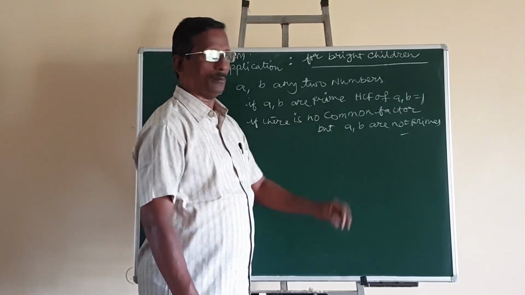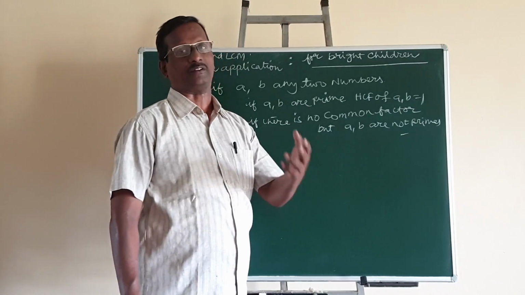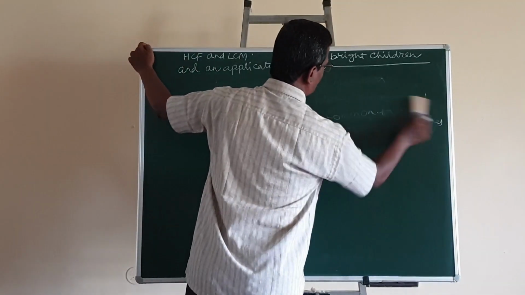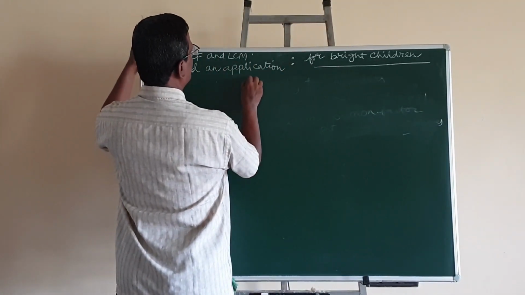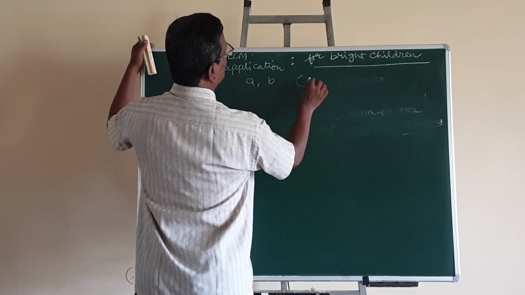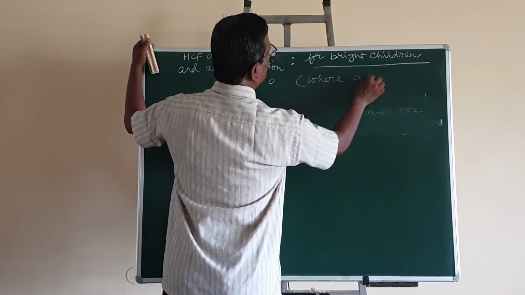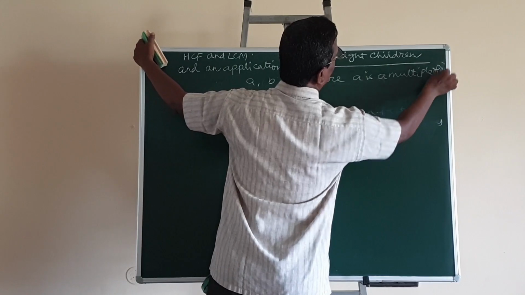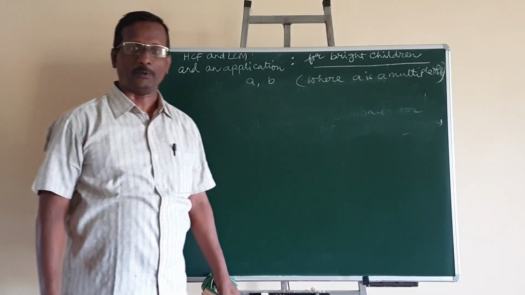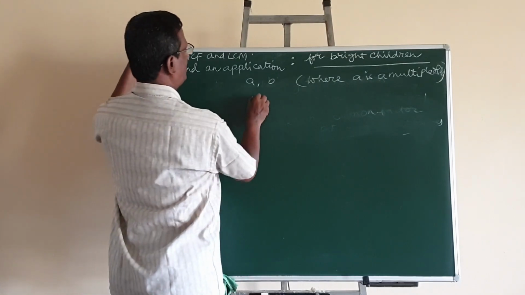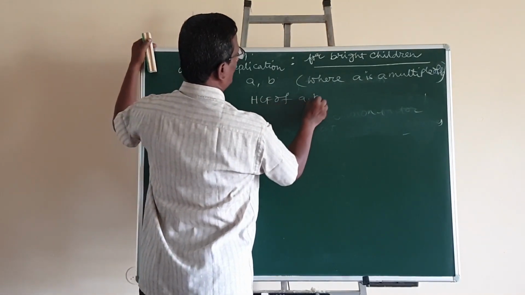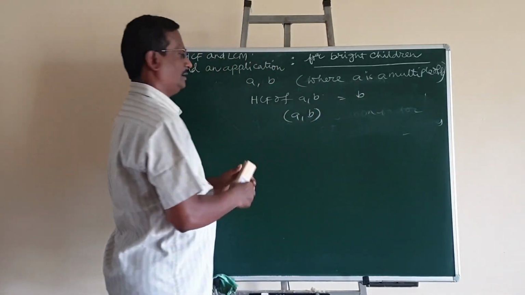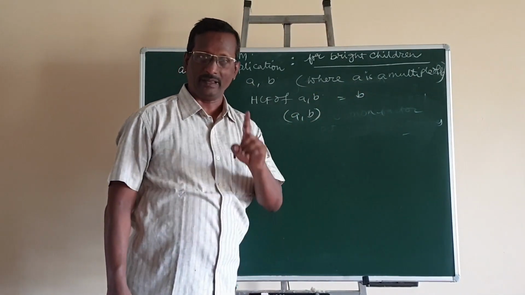In case HCF of A, B is equal to 1, the LCM is automatically the product of the two numbers. Okay, next. In case the two numbers A, B are such that A is a multiple of B, then HCF of A, B is B. A is a multiple of B, B is the smaller number.